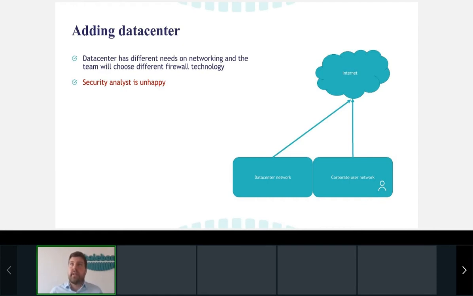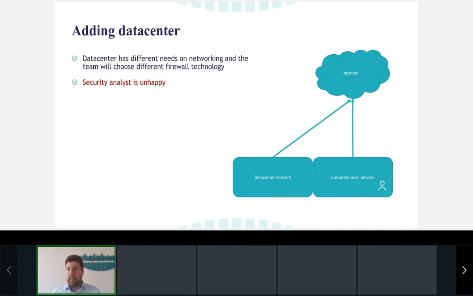So adding the data center: as the enterprise grows, it may happen that the company will need its own data center and will have to host loads of things, and usually the data center will have different needs on networking and security. There will probably be demands for different firewall technology, different routing, different connectivity towards the internet, and so additional things to attend to, which will make the security analyst unhappy.